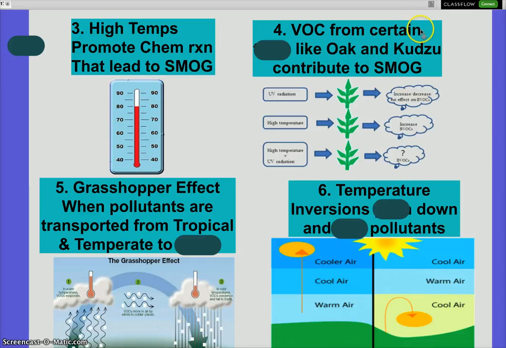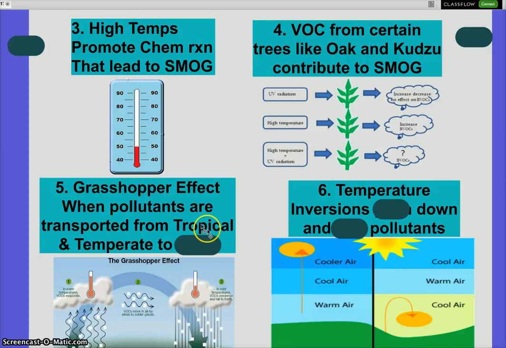Volatile organic compounds are directly linked to specific trees like the oak and the kudzu. There's actually a case study in your textbook about the kudzu, and they both contribute to smog and particulate matter. It's a big problem, an increase of volatile organic compounds.